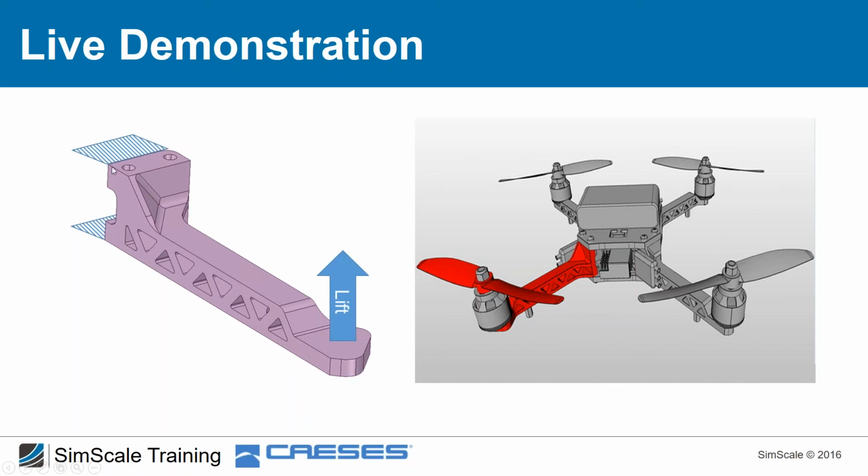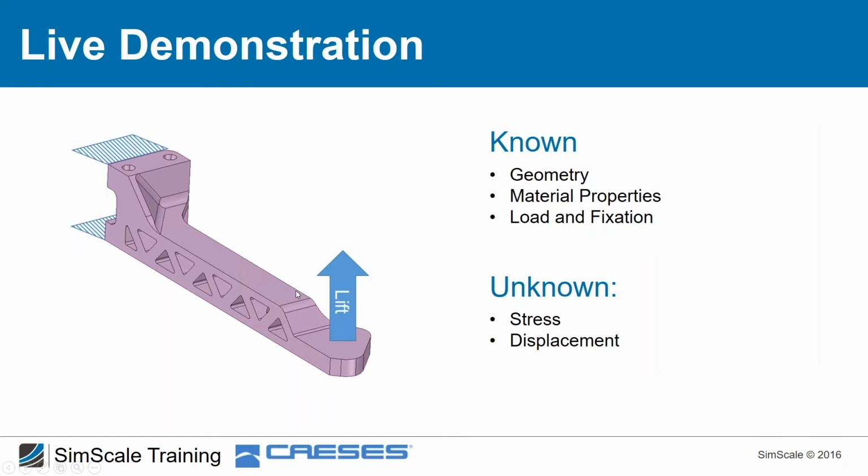What we know is that this left side is fixed, so it cannot move. And here we have a lift force, which is normal to the surface. So what we know about this whole model is the geometry, material properties, and loads and fixations. And what we don't know and would like to find out is the stress and displacement distribution within the whole part.